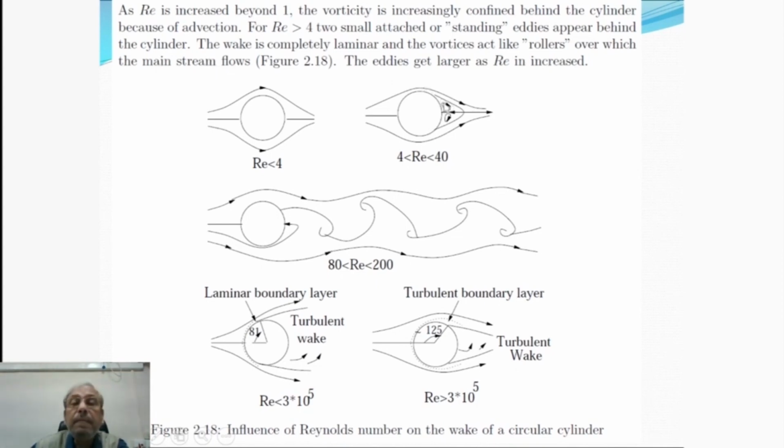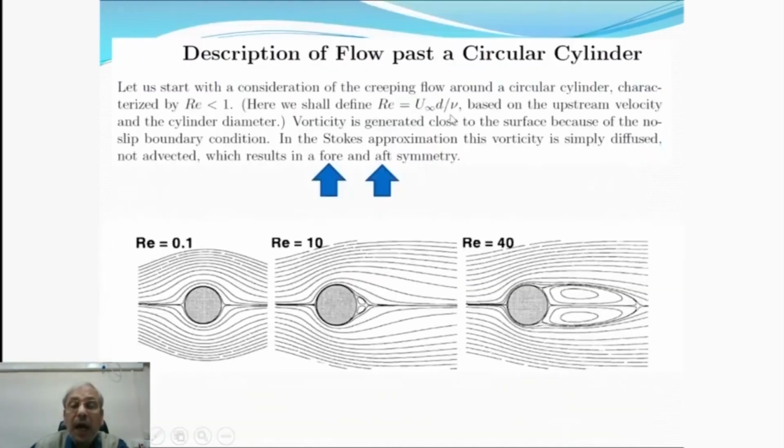We can see formation of this. This is of course a reasonably large Reynolds number. The formation of vortices takes place around 4, and beyond 4 we can see it around 10.